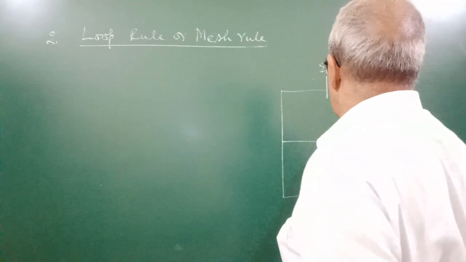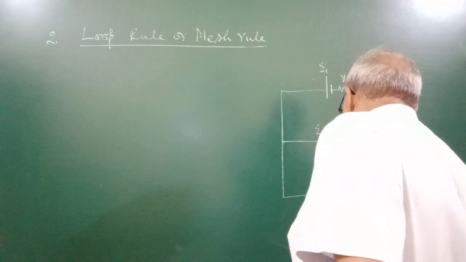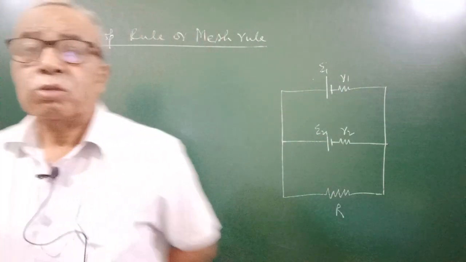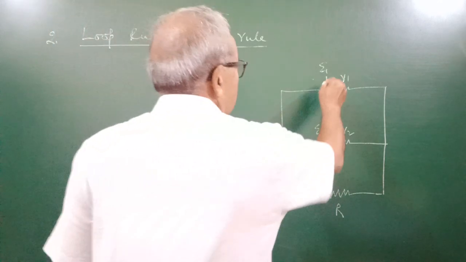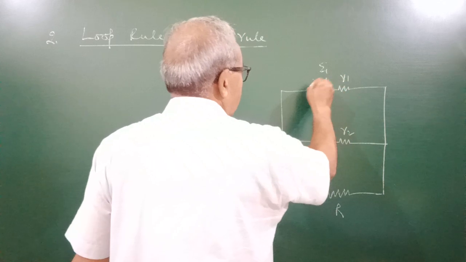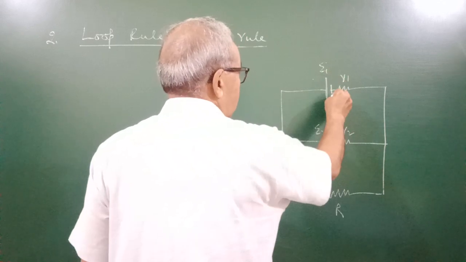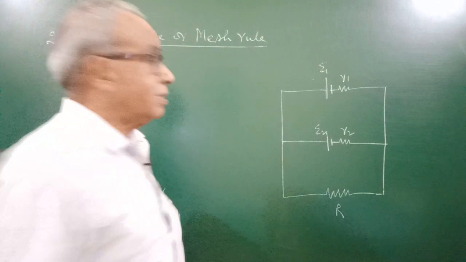E1, R1, E2, R2, and the axis is R. So you know, current comes out of the cell from the positive terminal. I told you longer line represents the positive terminal, shorter line represents the negative terminal of a cell or battery.